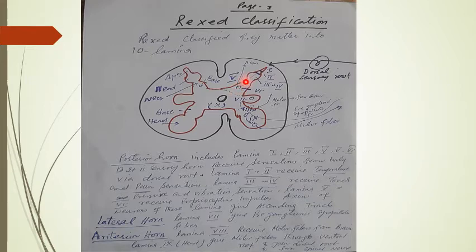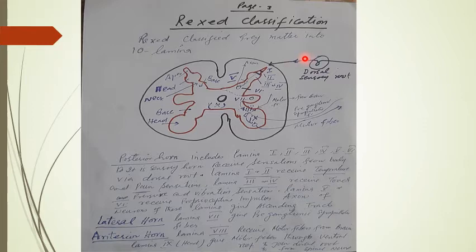Now, what is the posterior horn? It's a collection of neurons. Obviously, each neuron has dendrites and an axon, like this, they are shown. These are dendrites, this is the axon. This one is the axon of the posterior horn. These dendrites receive the fibers of the dorsal root.